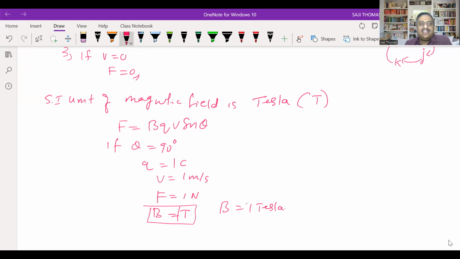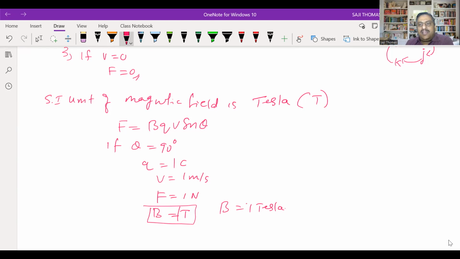When 1 coulomb charge passes through a magnetic field with a speed V perpendicular to the magnetic field, the strength of the magnetic field will be 1 Tesla. I will give the definition. The strength of the magnetic field is 1 Tesla if 1 coulomb charge moves with a speed of 1 meter per second perpendicular to the direction of the magnetic field and experiences a force of 1 Newton.